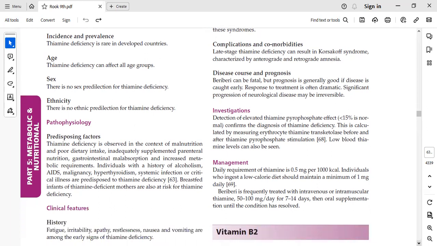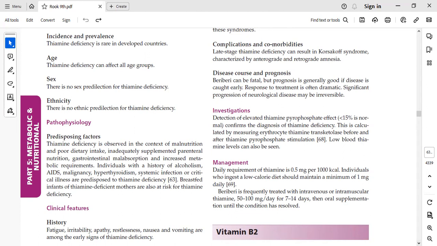Regarding the predisposing factors, whenever there is deficiency of any nutrient, the major causes include either decreased dietary intake of that nutrient, or decreased absorption of that nutrient, such as in malabsorption syndrome, or decreased peripheral uptake of that nutrient because of some drug interacting with it, or because of some critical or systemic illness, because in that situation there is increased metabolic requirement of that nutrient.